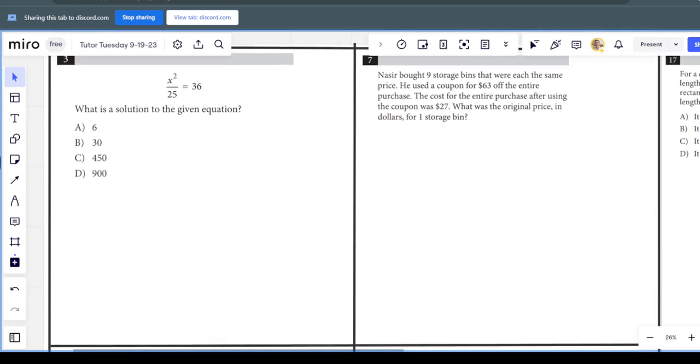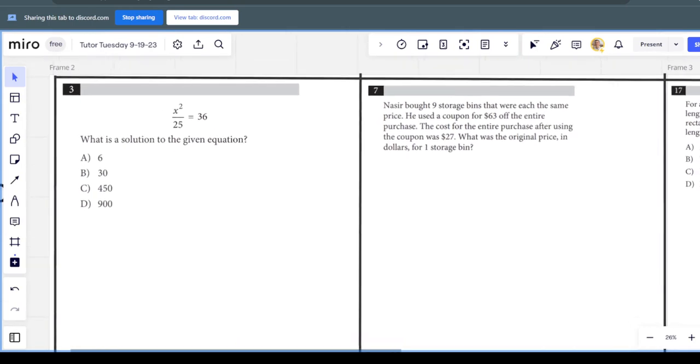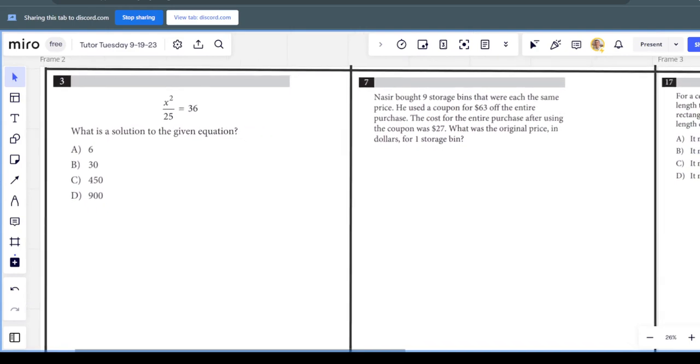So the first one we have here is, what is a solution to the given equation where x squared over 25 equals 36? I think some of you should be able to solve this right away, and you can use a calculator since this is the digital SAT.